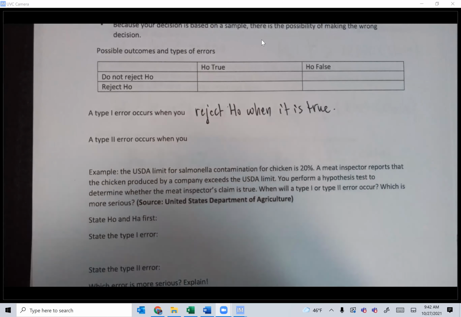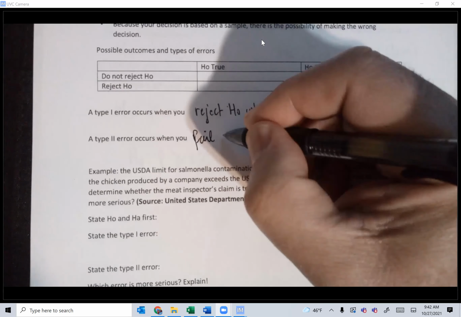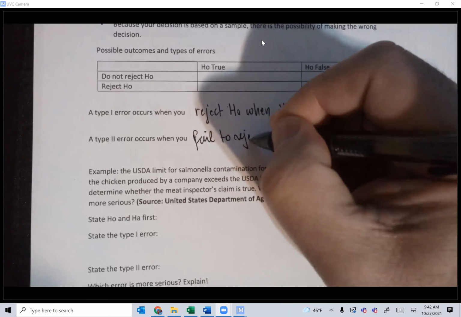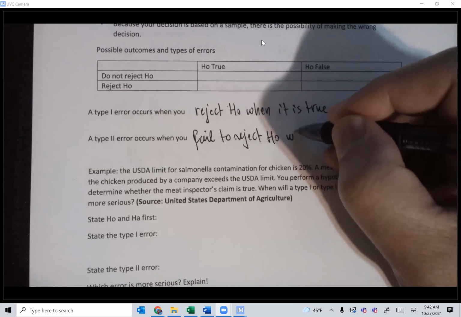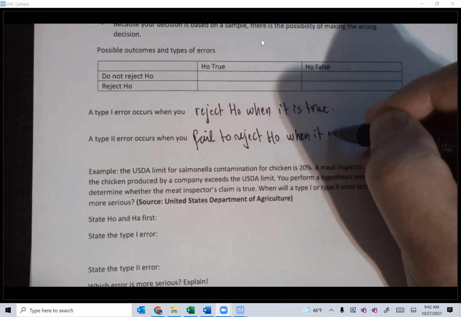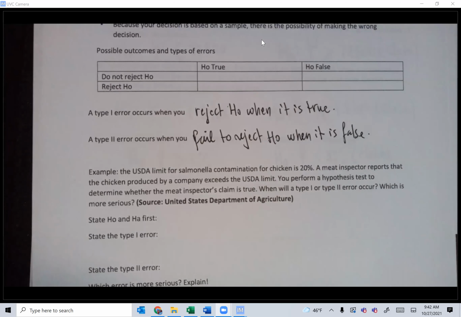Let me tell you what type 2 is. When you fail to reject H0 when it is false. You fail to reject something that is false. Let me give you an example, guys.